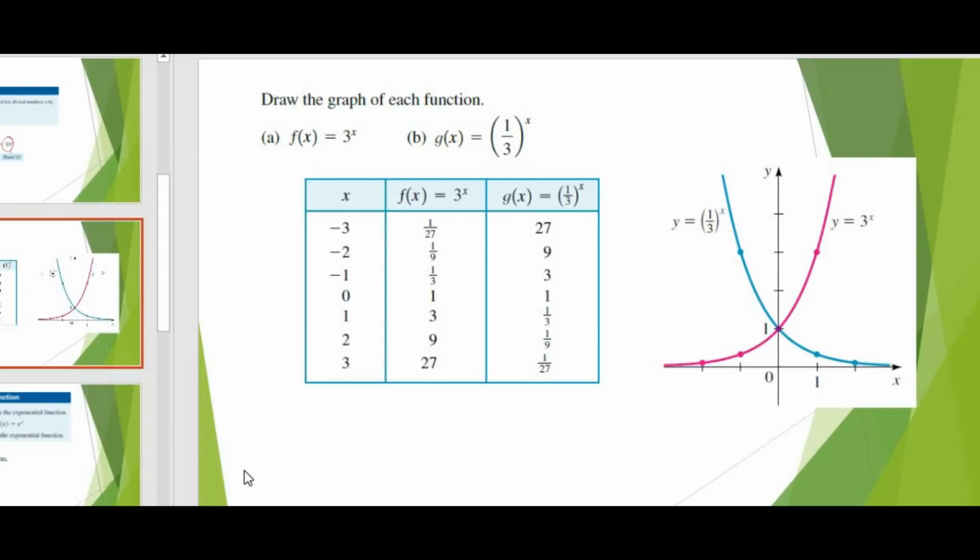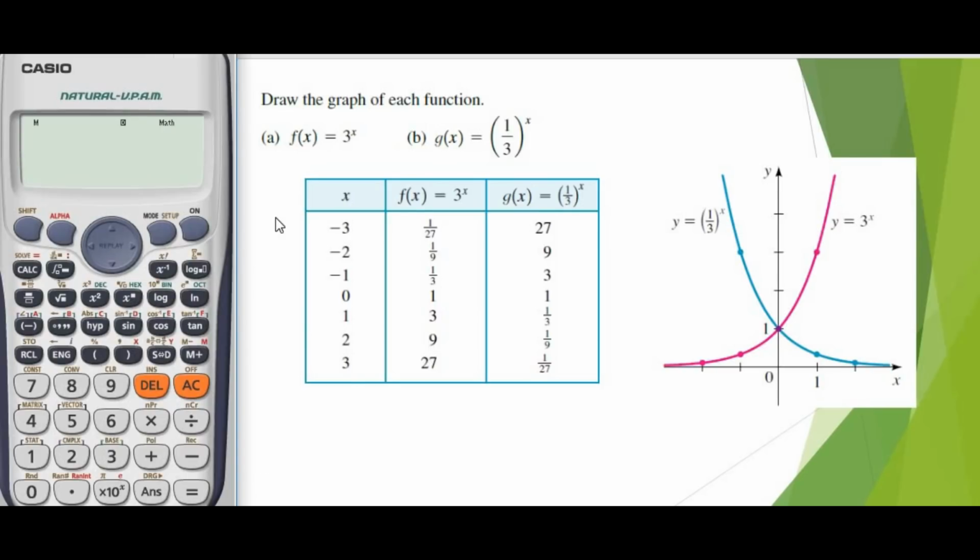Okay, so what we will do now is we will draw the graph of each function. So we have f of x is equals to 3 to the power of x, and another function g of x is equals to 1/3 to the power of x.